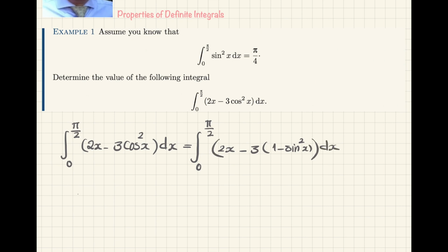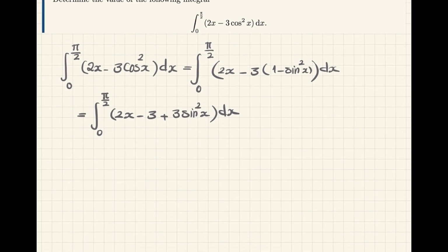Let me simplify what is inside. So this becomes the integral from 0 to pi over 2 of 2x minus 3 plus 3 sine squared x dx. Okay? So it's good now. But what can I do? I can decompose this integral into two parts. Yes, I can write it as integral from 0 to pi over 2.